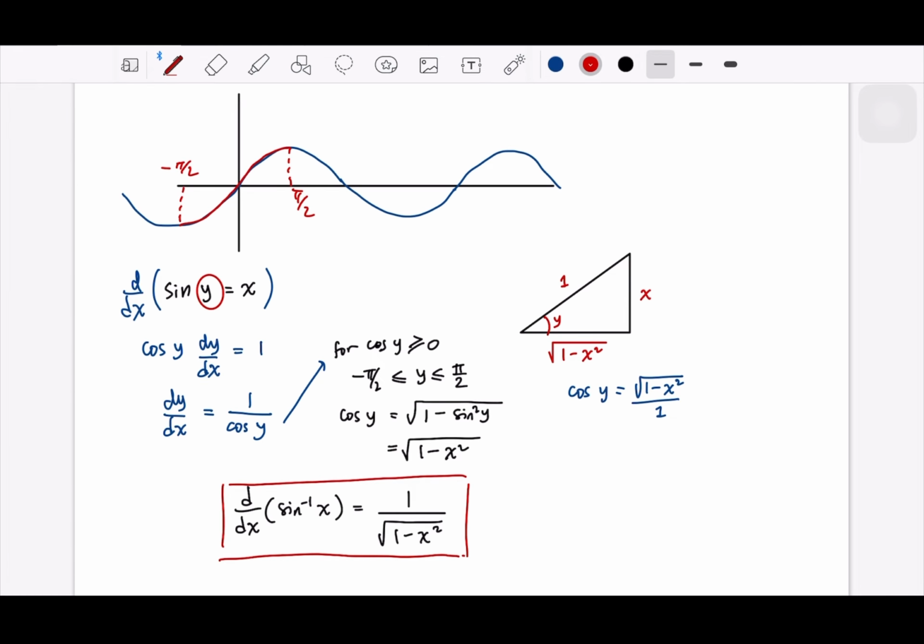Okay. Maybe any questions first in terms of inverse? Anything to ask? Sometimes some students may think, today there are several types of students.